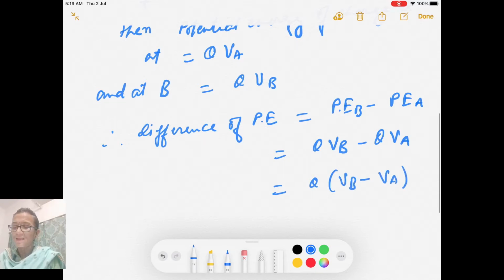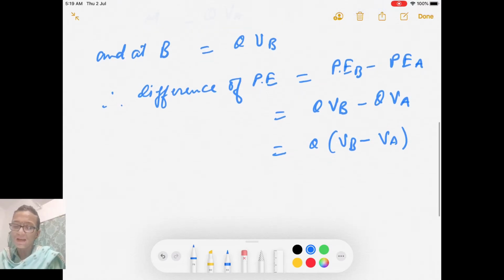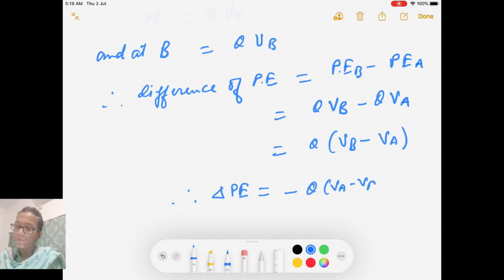But this is negative because VA is greater, so this comes negative. Therefore, del PE is a minus value: minus Q into (VA minus VB).